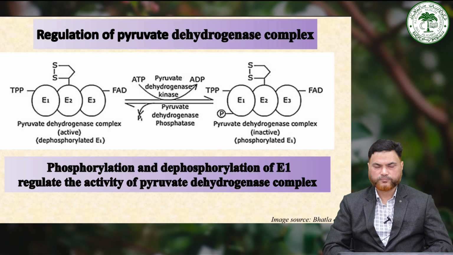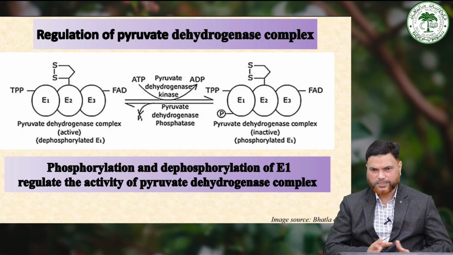And you see that in the regulation of the activity of this enzyme, the ratio of ATP and ADP, which is reflective of the metabolic state of the cell, plays a very crucial role in the regulation of pyruvate dehydrogenase complex. So this serves as a sort of indicator.